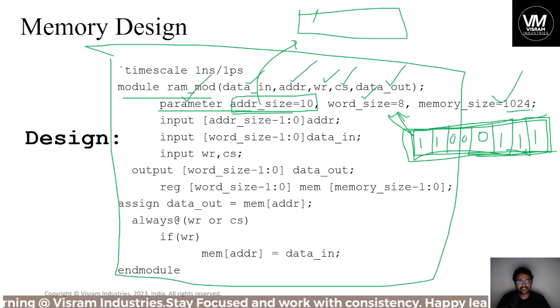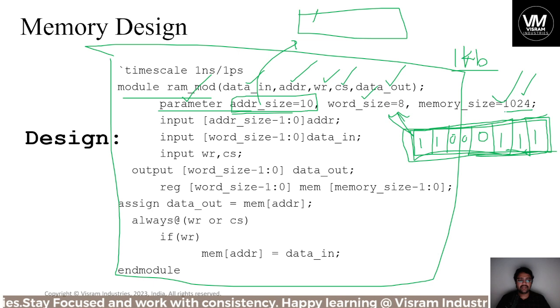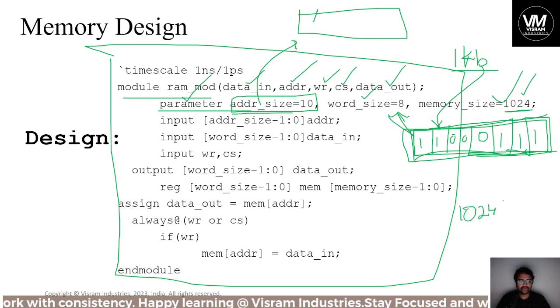Memory size is 1024, as you have asked for. 1 kilobyte is 1024 bytes. And how are these bytes represented?